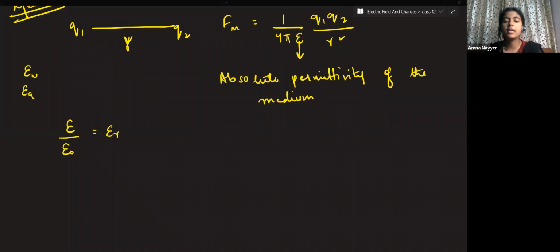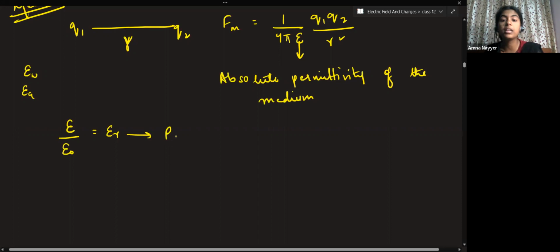All right, now see, if you have two medium, epsilon means absolute permittivity of the medium. Epsilon naught is the permittivity of the medium in free space. Their ratio gives you the relative permittivity of the medium.